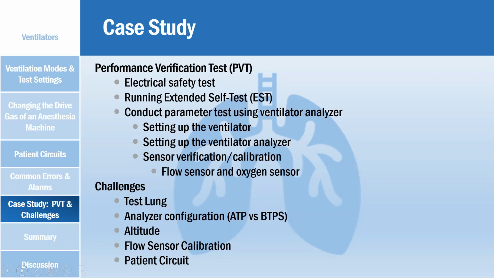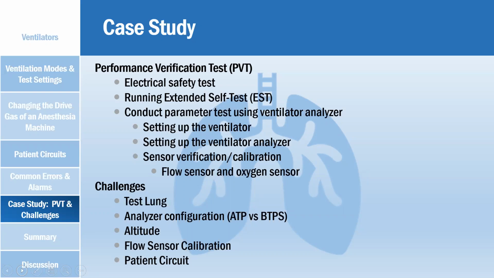And this is very important: on your ventilator itself, before you do installation, you need to set the altitude pressure. So you need to set the actual altitude of your location.